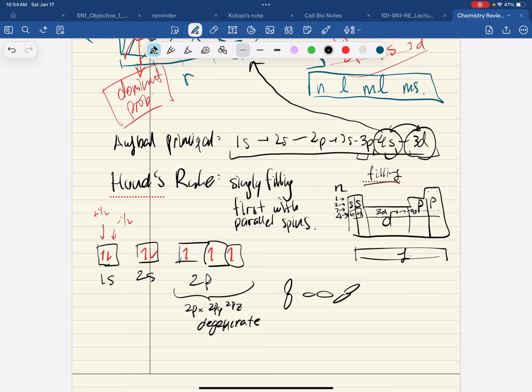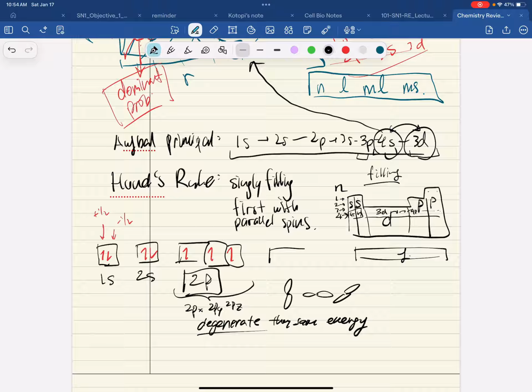Coming back to the space explanation, orientation just depends on where you're looking from, but there's no up or down or right or left in space. They're degenerate in terms of having the same energy. So regardless of whether it is a 2px, 2py, or 2pz orbital, they all have the same energy level because it's a 2p. All 2p's, so the 3 here, have the same energy.